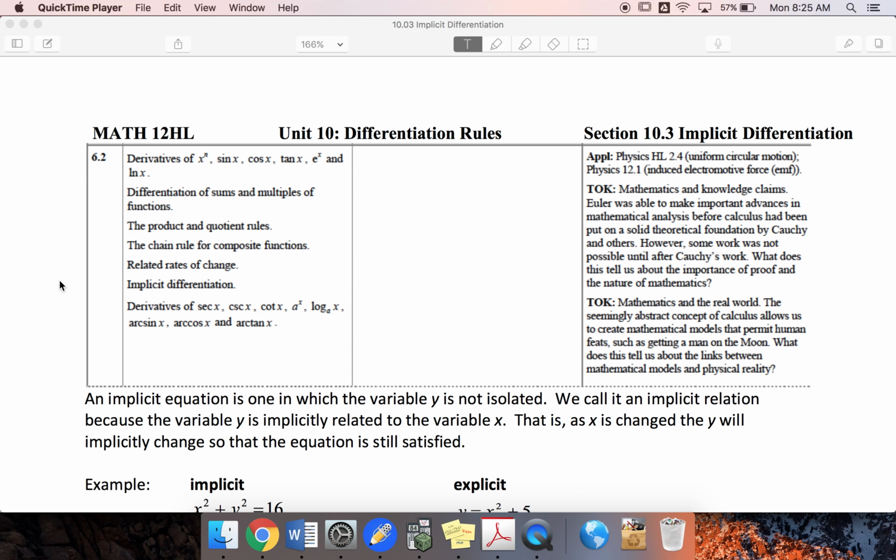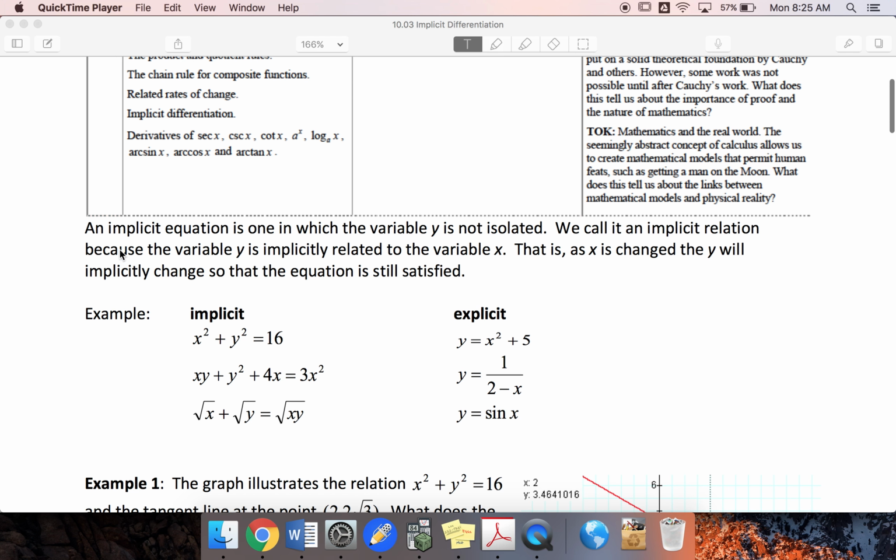When we don't have equations in terms of y by themselves, if y is not isolated, then we call that implicit. The most common implicit equation that we think of is the equation of a circle. But anything where I don't have y by itself is implicit.